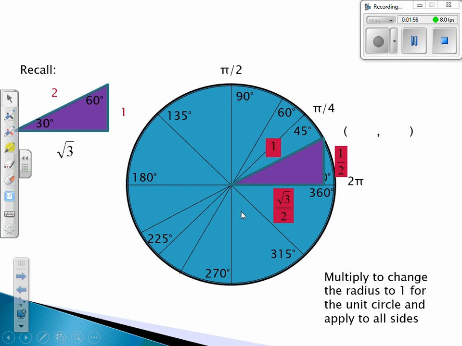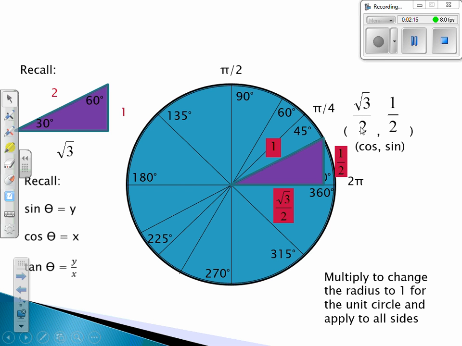When we divided all the sides by 2, it was here because the 30 degrees was there. We're going to teach you some of these definitions in a minute, and you'll see how this all comes together. So the y value is 1/2, and the x value is the square root of 3 over 2. These triangles are located all the way around this unit circle, and that's how we find all those values in the end.